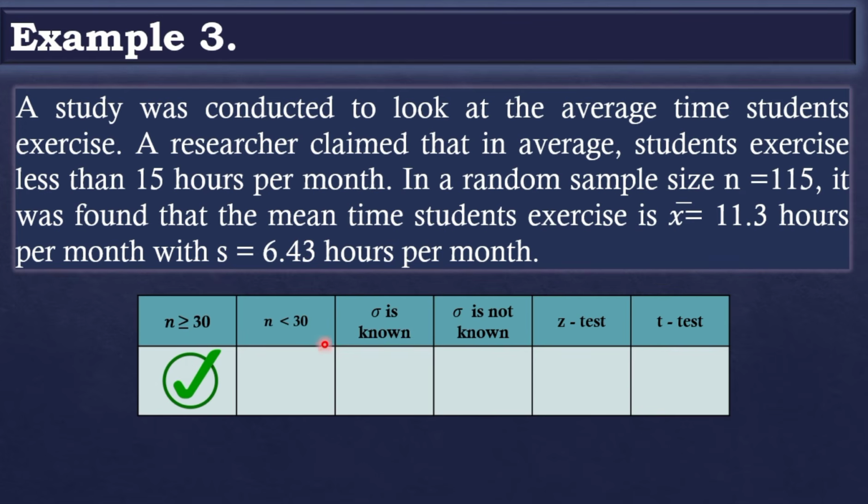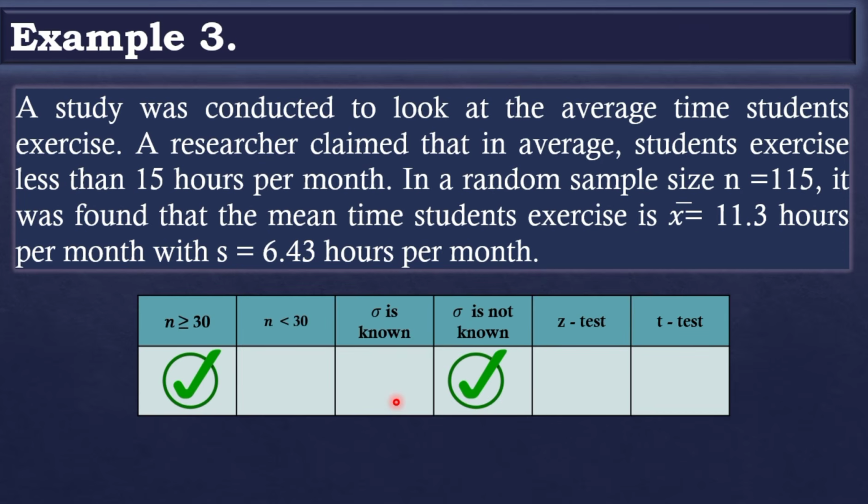And then, yung population standard deviation ba natin is given? So, balikan natin yung problem. Claim, so ito ay population mean, sample mean. So, wala. So, hindi siya given. So, therefore, the population standard deviation is not known.